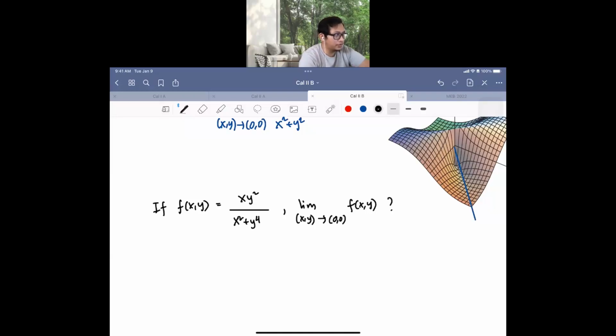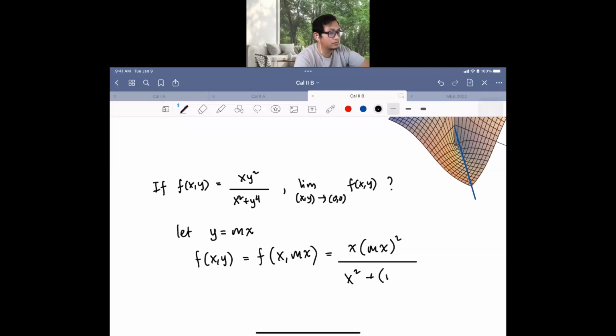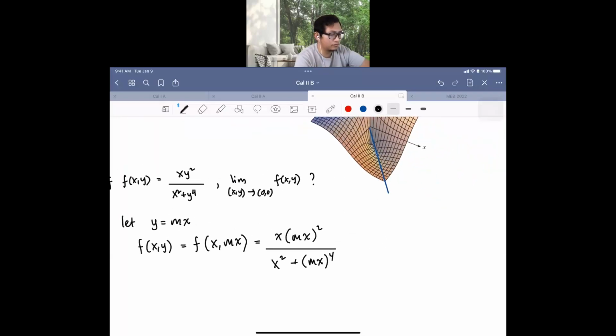We can let a line equation with slope m, and then we can take this as our approach. We can simplify it.